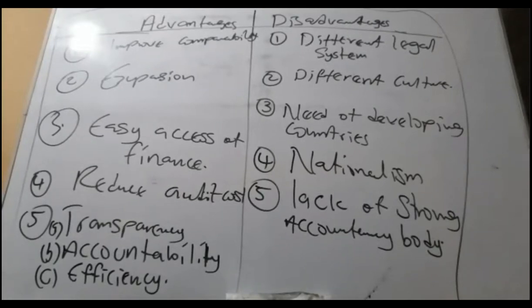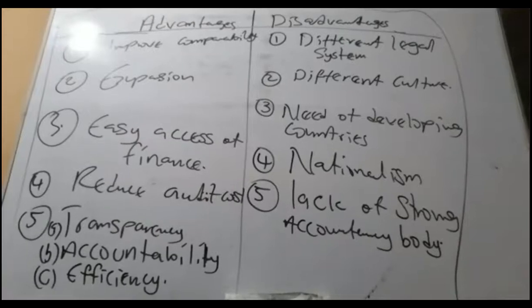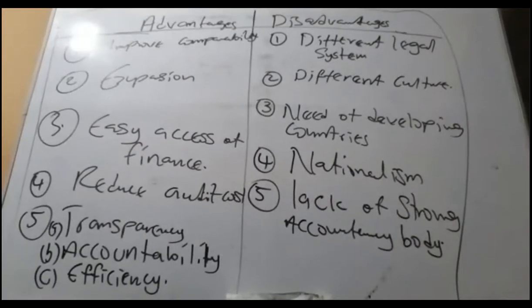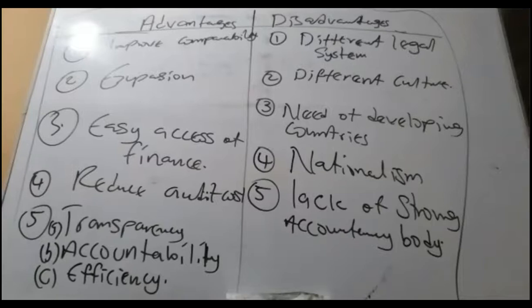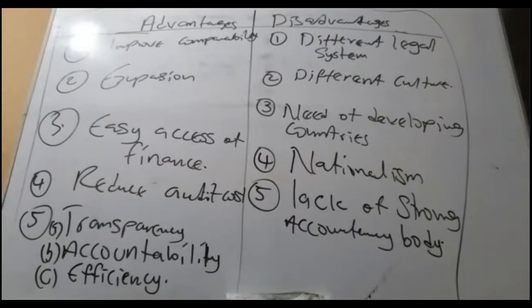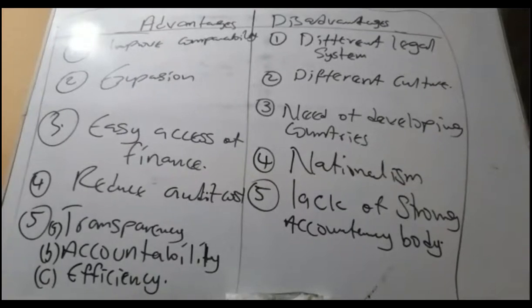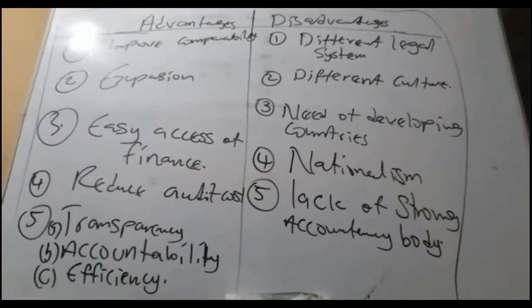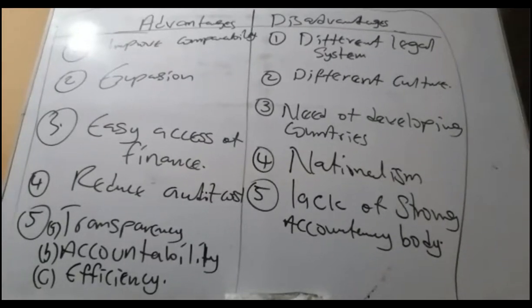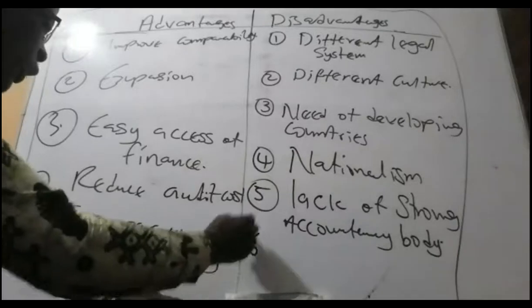Recently, if you read the news carefully about the banks' collapse in Ghana, ICA took it upon themselves to launch an investigation, after which some of the audit firms were found liable and guilty and were fined some lump sum of money. That is it.